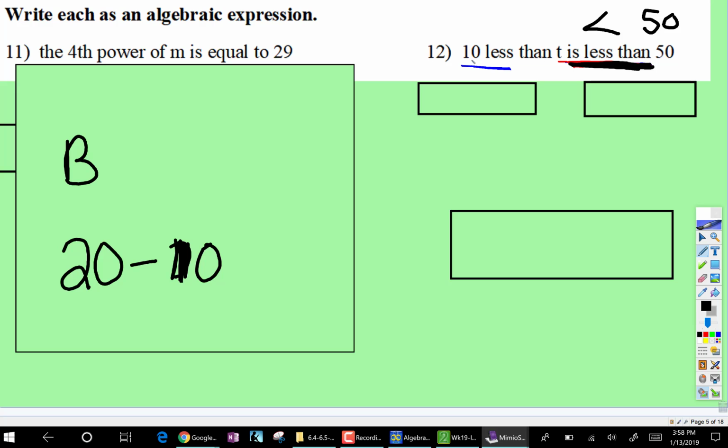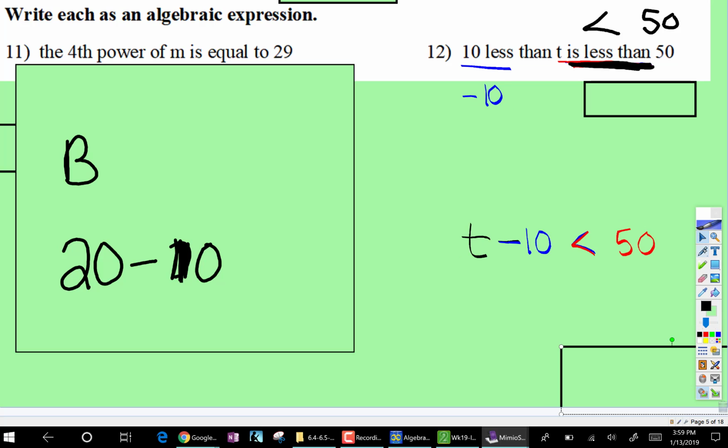So when you see 10 less than another thing, another number or a letter, 10 less means subtract 10. So what we have is this right here is 10 less than t, and all of that is less than 50.